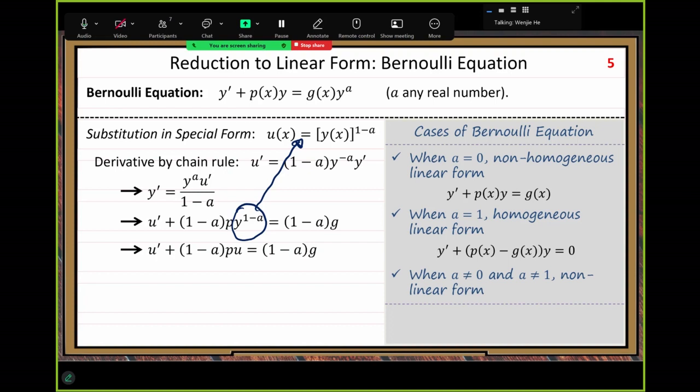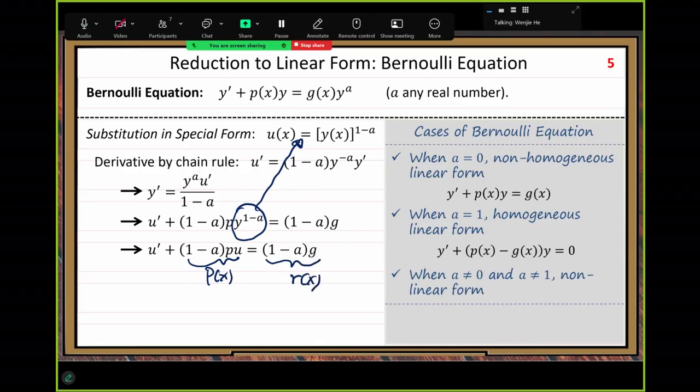So then you have a new equation for the u function, and it's a first order ODE, and we know how to solve it, right? Look at that, the p function, r function. If you compare, we can assume our old p function, our old r function.